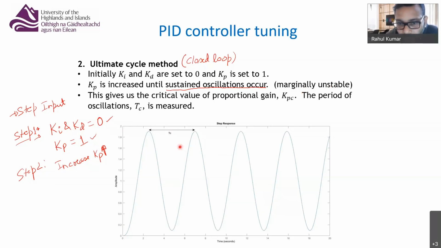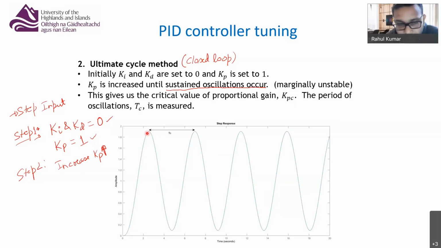Right. So that value of Kp is your critical value, and it is denoted by Kpc. So we'll note down that value at which you are getting sustained oscillation, and from the response we calculate the time period. Okay, so we measure the time between two peaks.